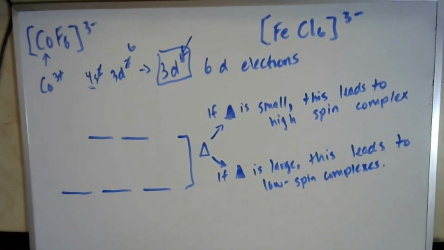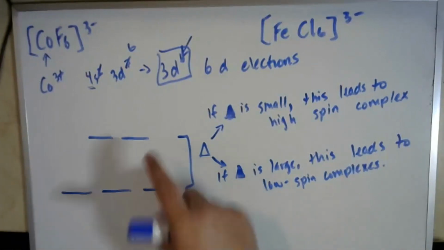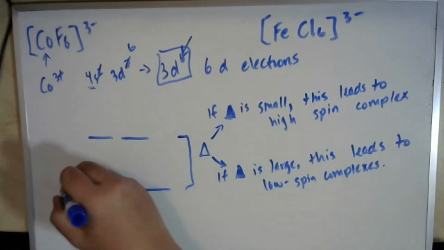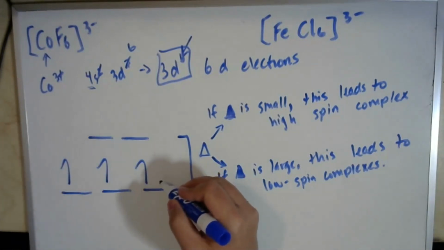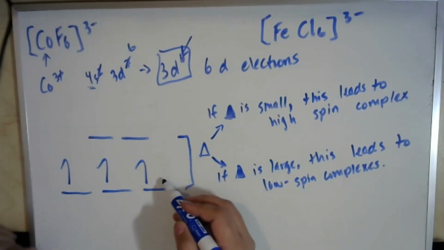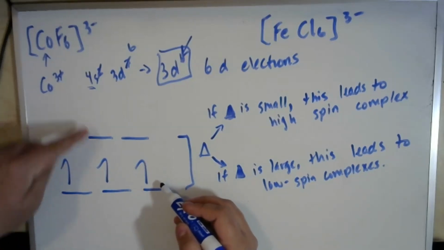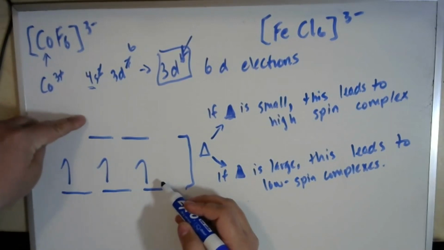Okay, and that's because electrons, I told one of the other groups this too, behave a lot like people. And so if this delta value gets very big, when that 4th electron has to fill a spot, if the energy is too high, it's going to look up like this giant staircase it has to climb to get up here, and it's going to say, no, thank you, I'm not going to go up there.